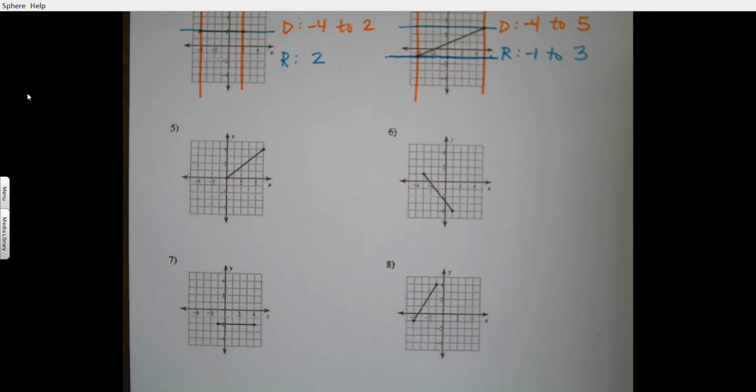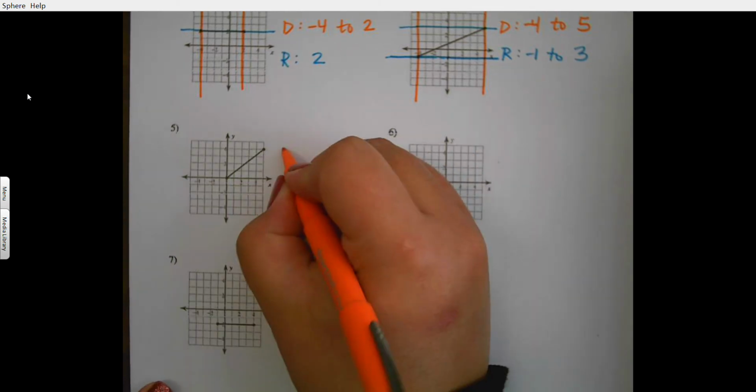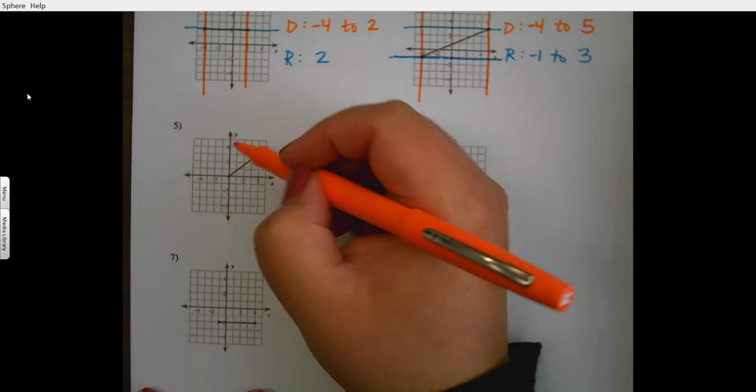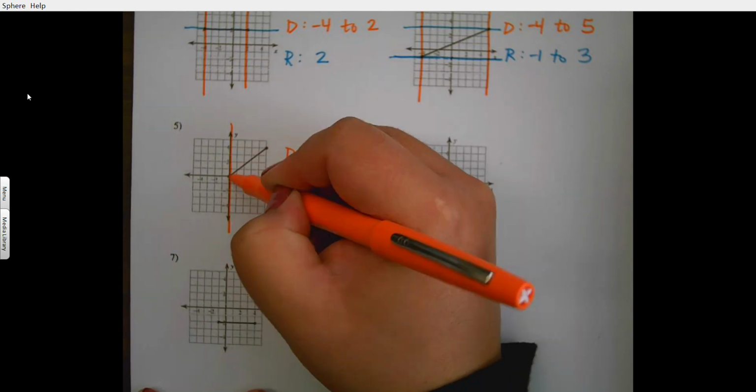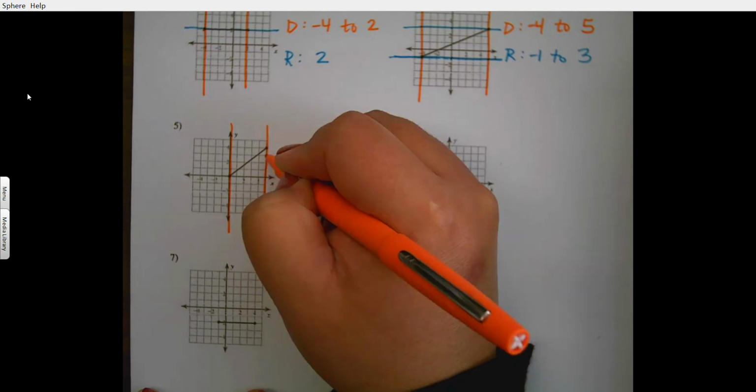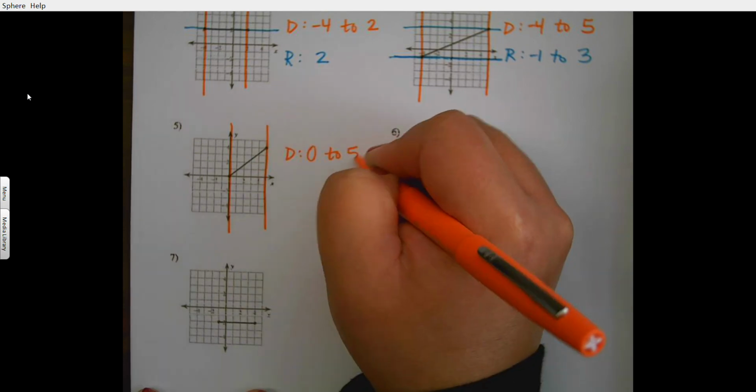So domain is my X values. I'm paying attention to my X values. Domain, left to right. So my left furthest is 0. My right furthest is 5.